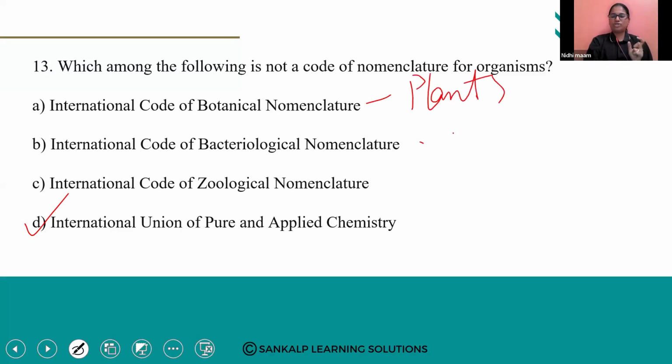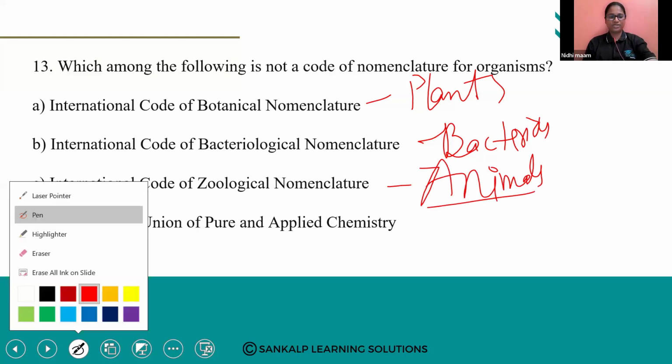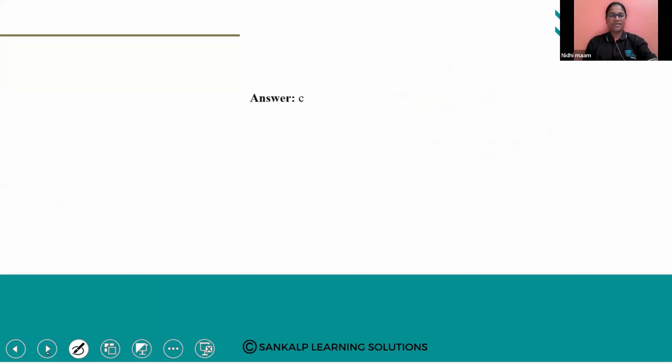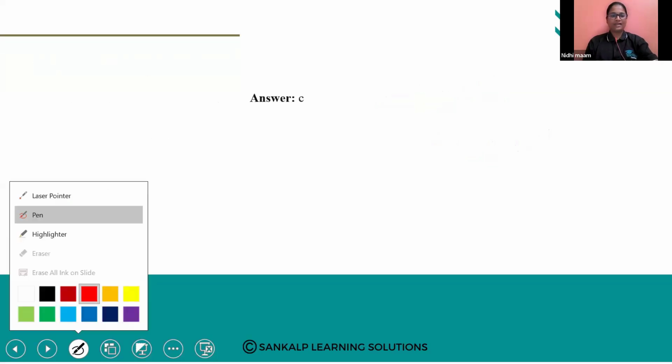Bacteriological nomenclature gives names for bacteria and microorganisms. The International Code for Zoological Nomenclature gives names for animals. So option D, International Union of Pure and Applied Chemistry, is the right answer. Next question.